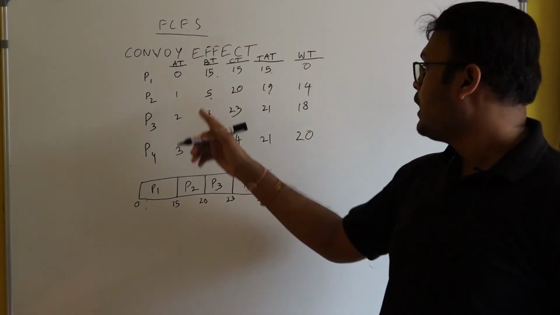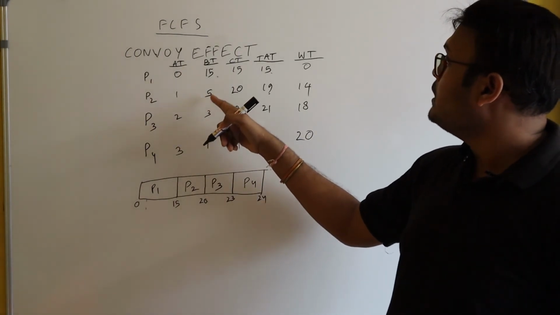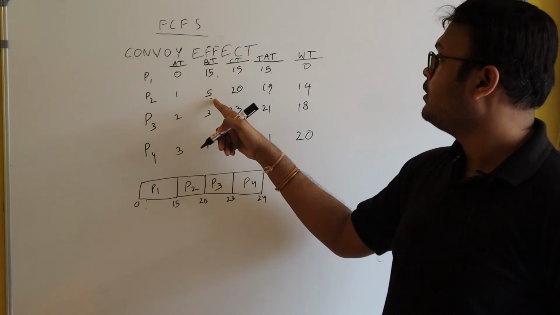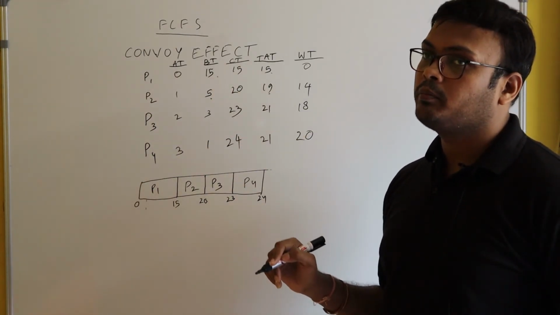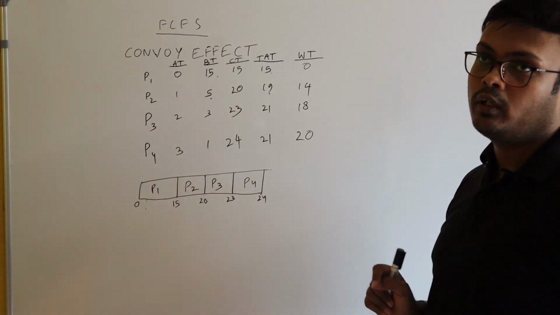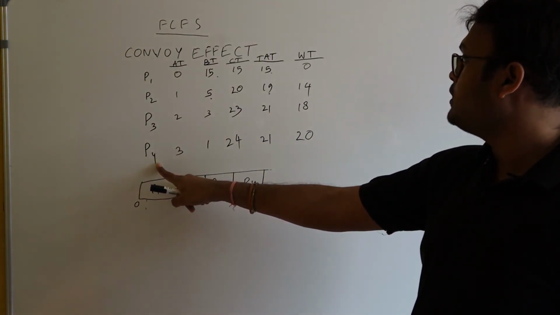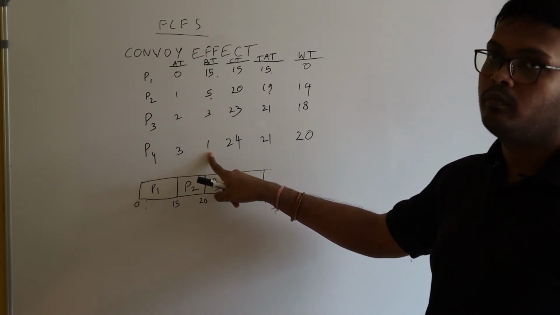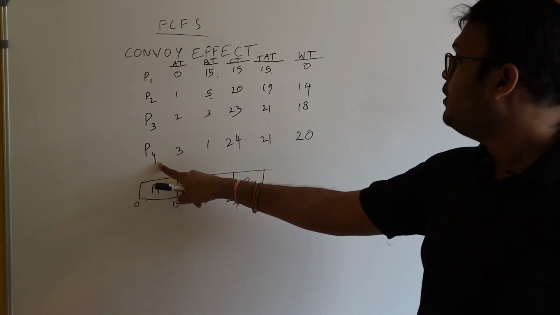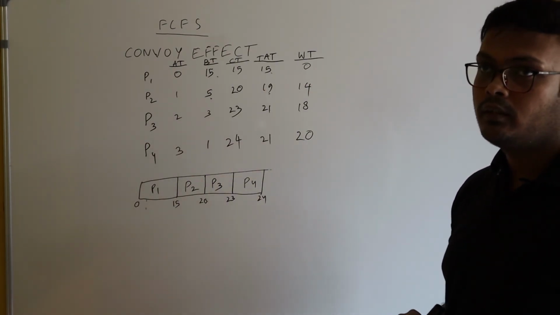But after that, P2 came. P2's burst time is less than P1's burst time. Despite having less burst time, P2 has to wait for 14 seconds, so long, just imagine. And at the end, P4 has the lowest burst time of 1 second. But P4 has to wait for the longest time of 20 seconds.